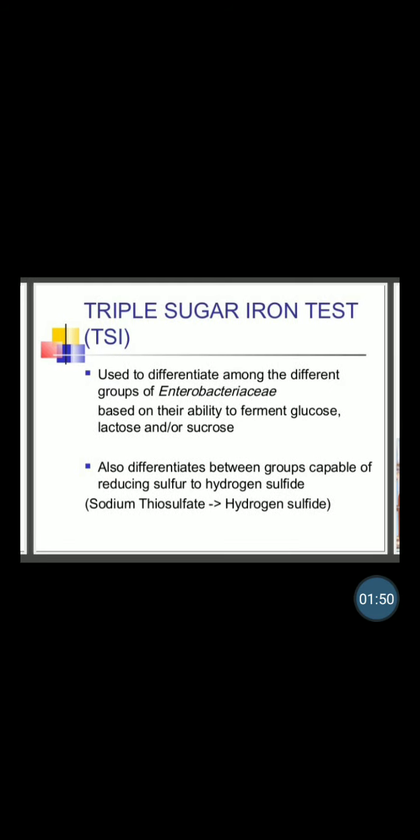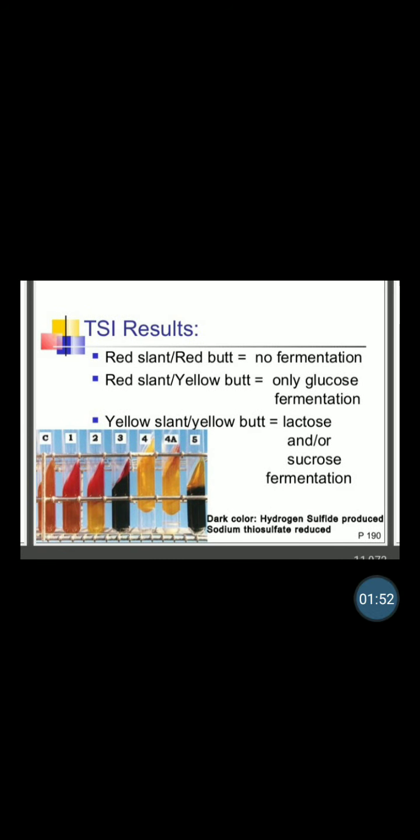What are the results for the triple sugar iron test? If the slant is red and the butt is red, then there is no fermentation. If the slant is red and the butt is yellow, then there is only fermentation of glucose. Here we can see the images, that is the observations for this test. Red slant with red butt, no fermentation.